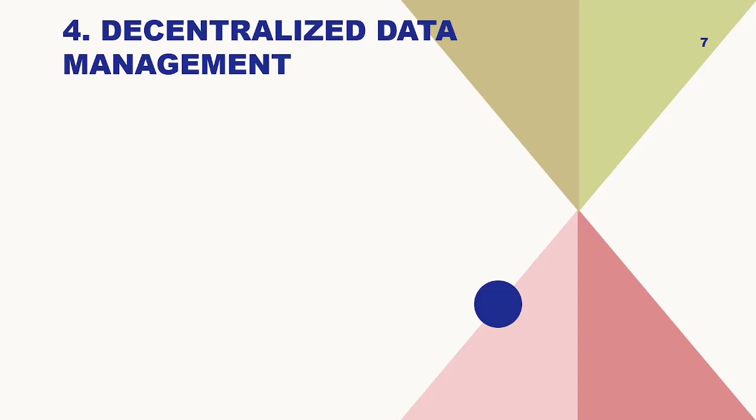Now let's talk about its fourth attribute, which is decentralized data management. Why decentralized data matters. In microservices architecture, decentralized data management is crucial because it allows each service to independently manage its data without relying on a central database.